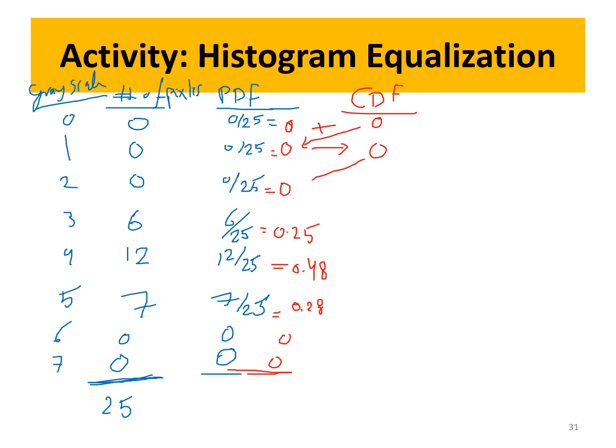Then you take the 0 and add this one. What do we get? 0. 0 plus 0.25 is 0.25. Do we agree? Then you add 0.25 to 0.48. How much is that? 0.73. Now you add 0.28.